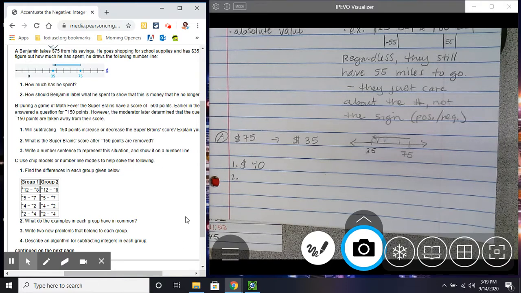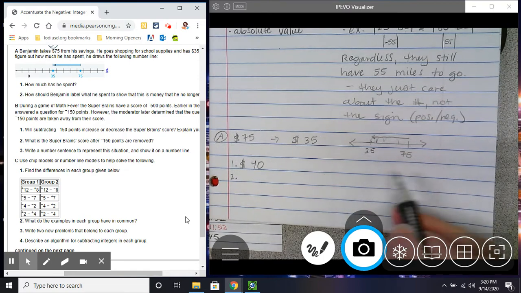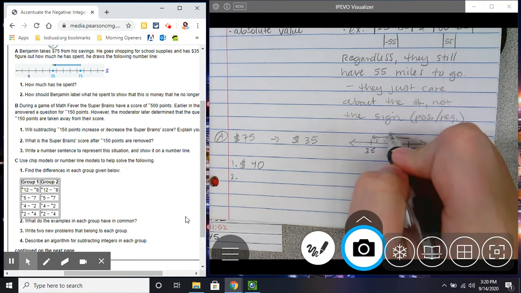Normally, I would have you work on this and then show your friends, and then we'd move on from there. But I'm hoping that you'll think about how you would show that he spent $40. You could be using colors and stuff. You could show minus 40 right here.